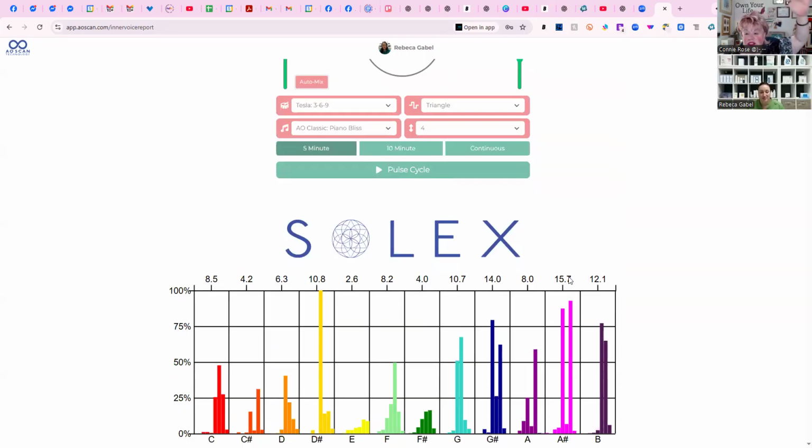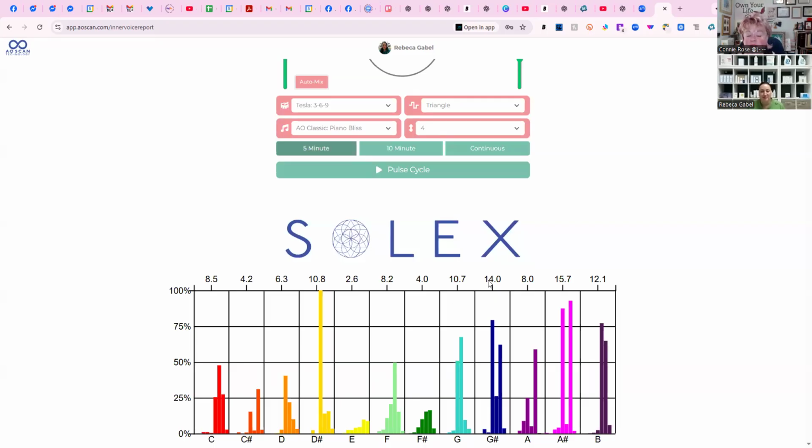If I had one that was 15 and the next lowest was like 8, a huge gap, and I only had a few minutes, I would focus on the one that's the most out of balance. And again, the goal is to have everything balanced out. These are more of a slope versus real high and then drop.